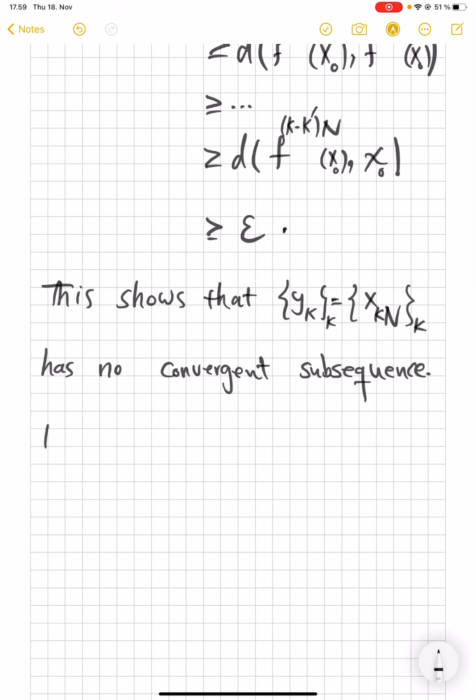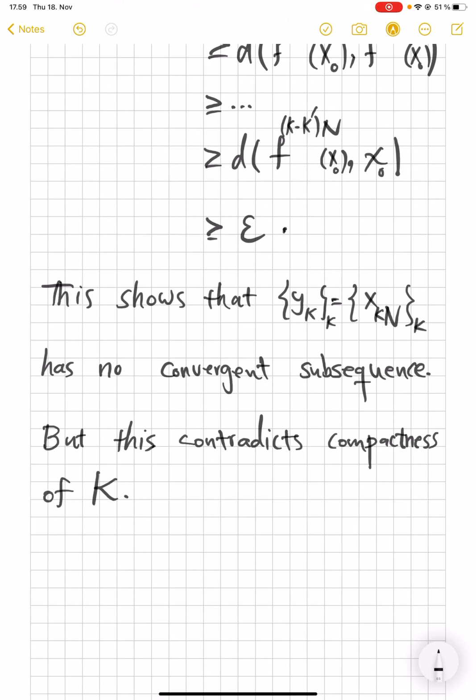But that is a contradiction. And with what? This contradicts compactness of K, because in a compact metric space, any sequence has some convergent subsequence. And this is not the case for y_k, therefore that's a contradiction. And the lemma is proved.